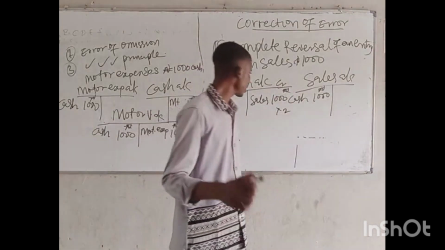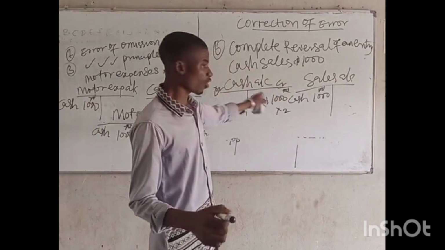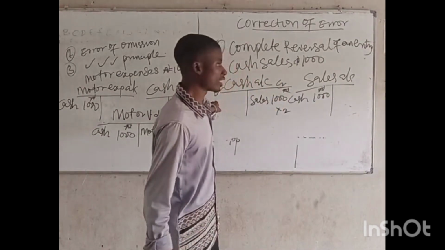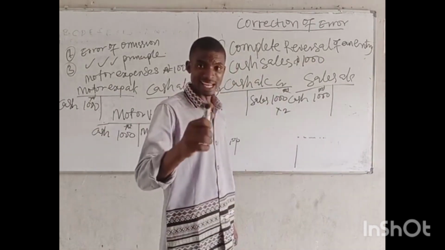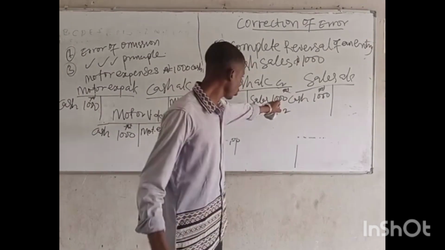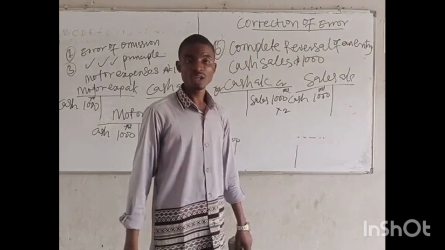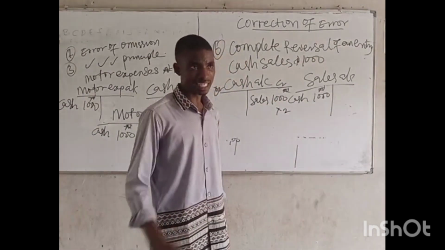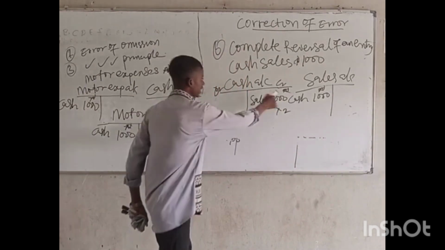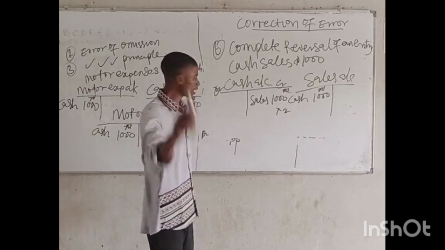The reason is that for you to go back and correct this error now, if you record 1,000 naira on the debit side, you have not made any entry. What you have just done is cancel the initial 1,000 naira and you have not made any entry. So what you need to do now is to times it by 2, saying 1,000 naira times 2 gives you 2,000 naira.